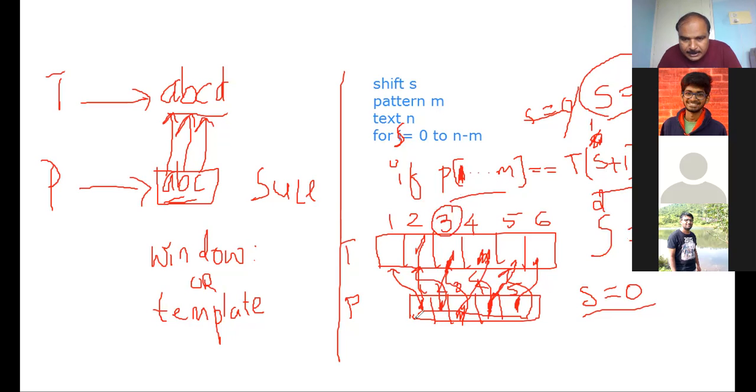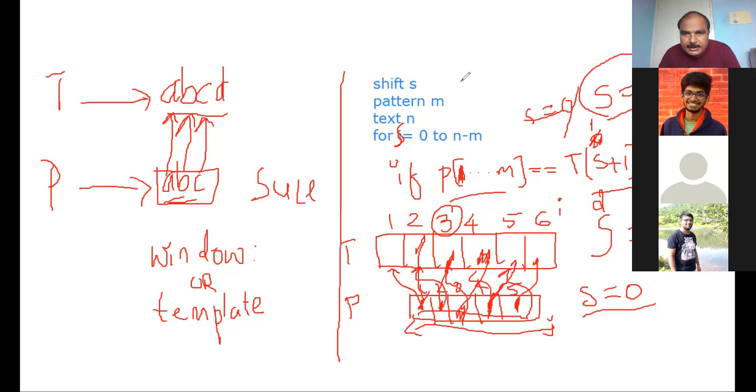And again please observe that every time you find a mismatch, you are shifting, let us say this is called J and this is called I value, you are resetting the J value to 0. So you're comparing index 0 with the third character.